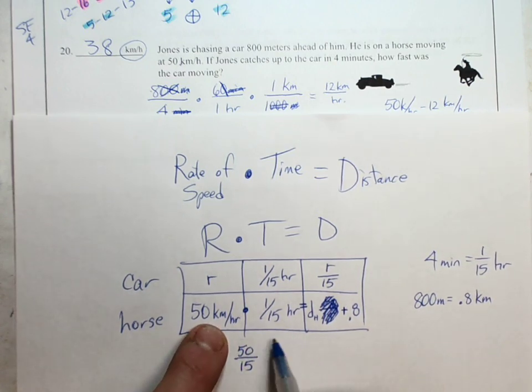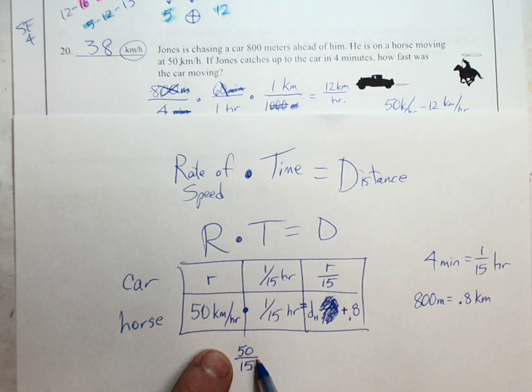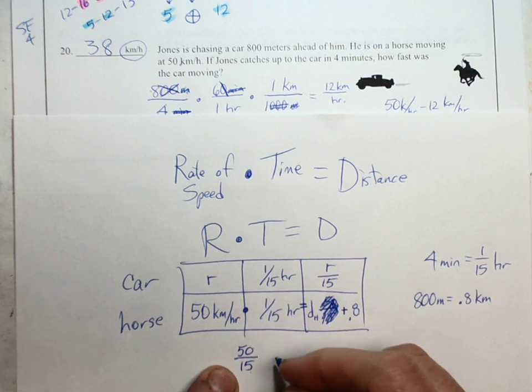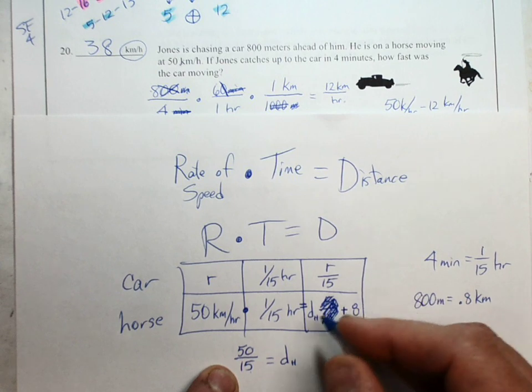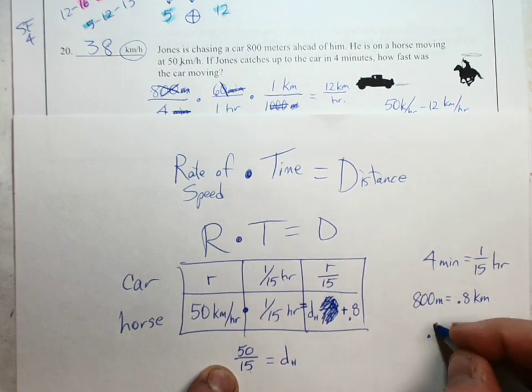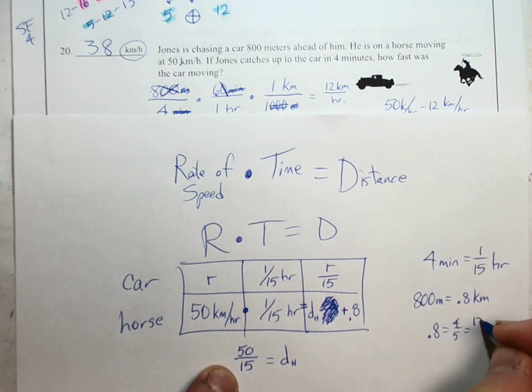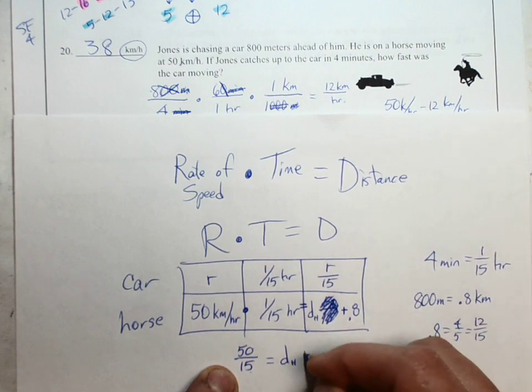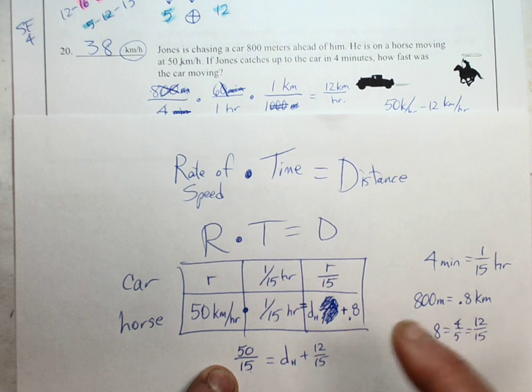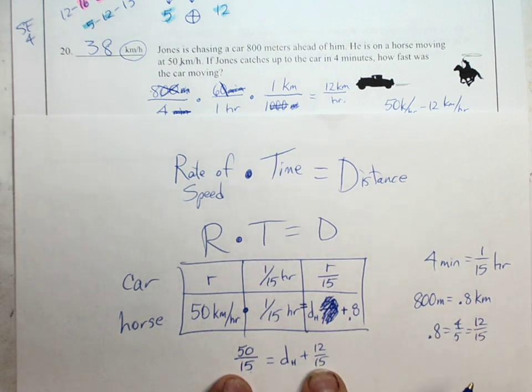All right, so I'm going to take the horse thing. I'm going to multiply these together and get 50 over 15 is equal to the distance of the horse plus 0.8. 0.8 is 4/5 or, wait for it, 12/15 because I need a common denominator.